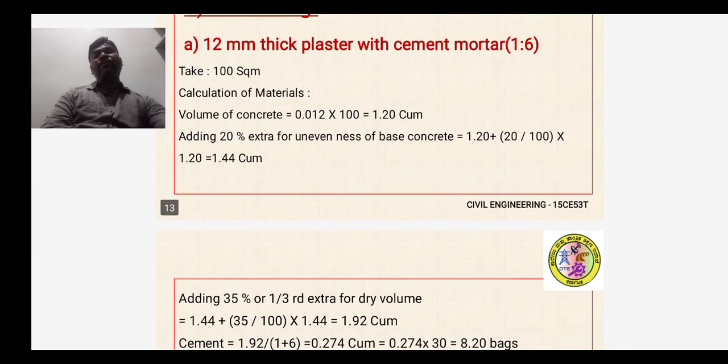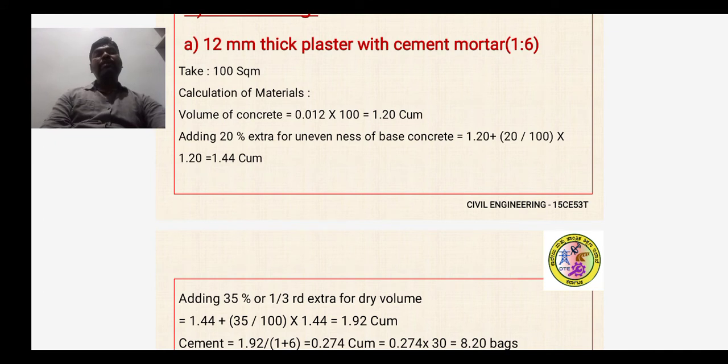Volume of mortar: 0.012 into 100, where 100 is the total area in square meters and 0.012 is the thickness, 12 mm converted to meters. 12 divided by 1000 is 0.012, into 100 is equal to 1.2 cubic meter.